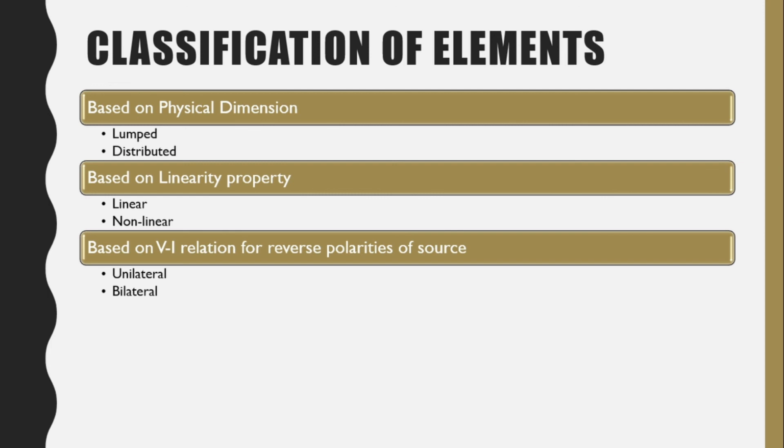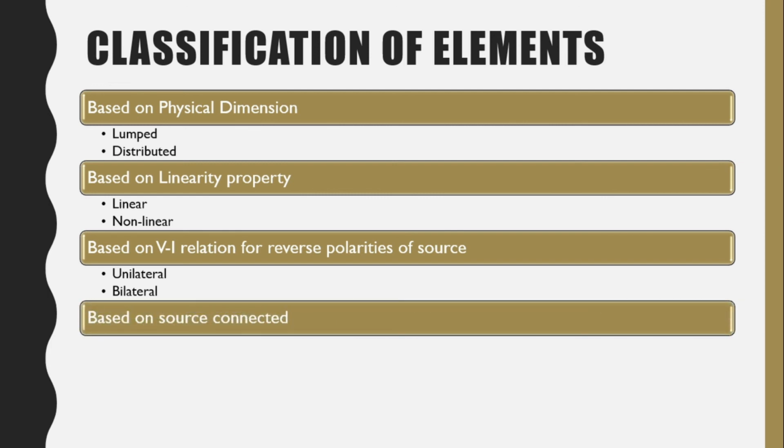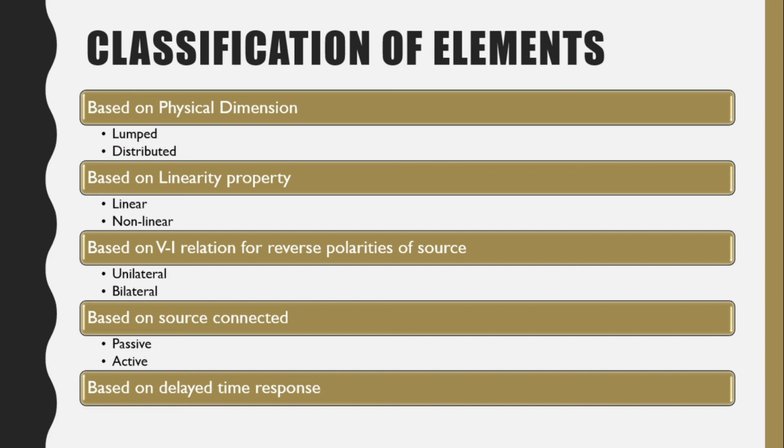Based on the source connected, an element can be either active or passive. And finally, it is based on the delayed time response. Based on the delayed time response, an element is categorized into two things. First is time variant and second is time invariant.